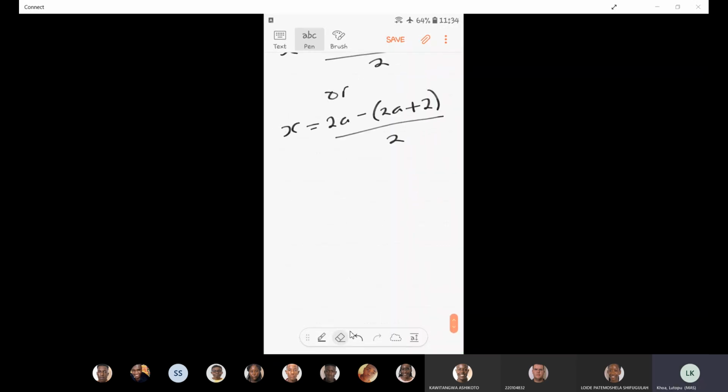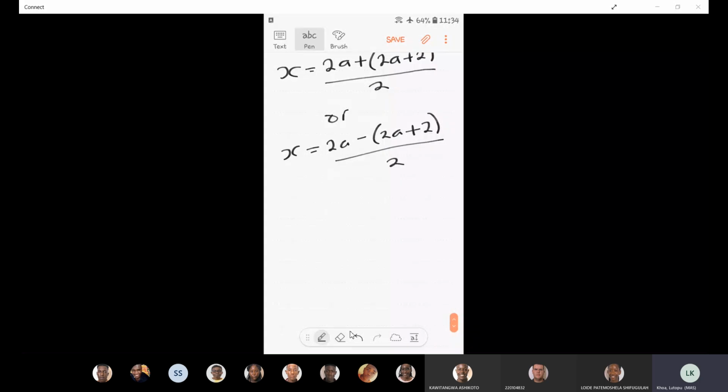Then I solve for the first one. I get x is equal to 4a plus 2 over 2. And this is just 2a plus 1. And then the second one, I get x is equal to 2a minus 2a minus 2 over 2.